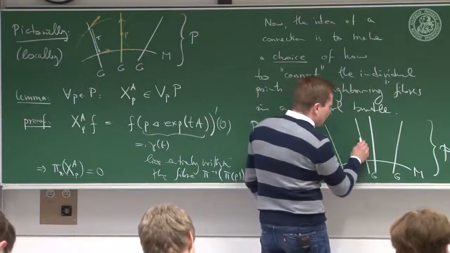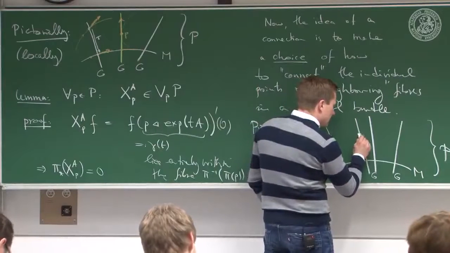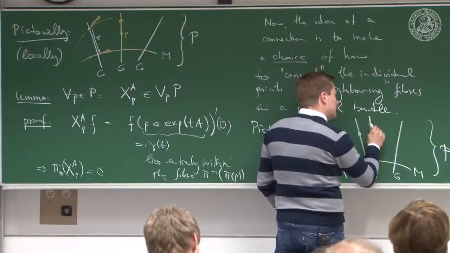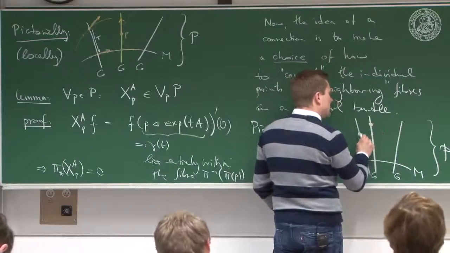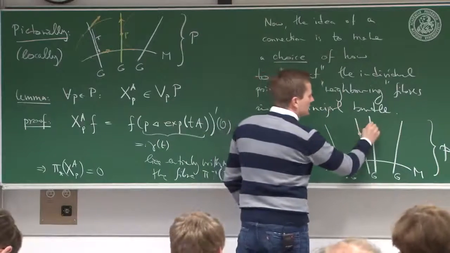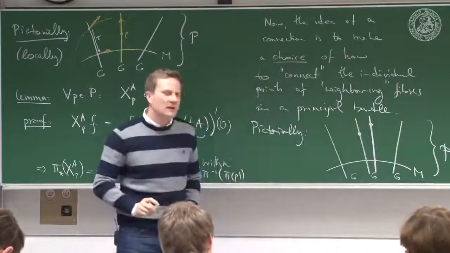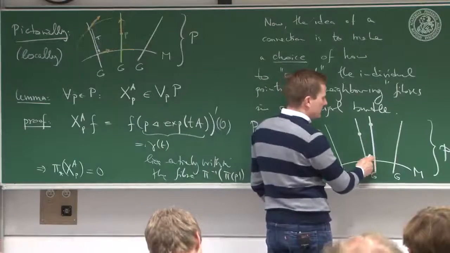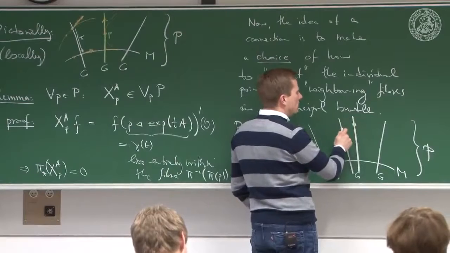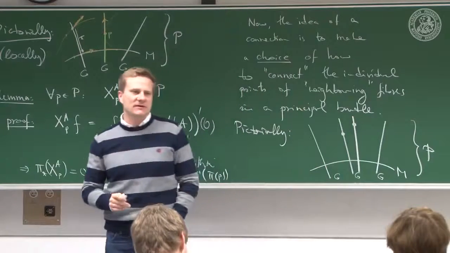Now, I would like to be able to say this point here is to be identified or associated with this point over here. So in walking from here to here, which point in this fiber do I call to be the same as this point here?